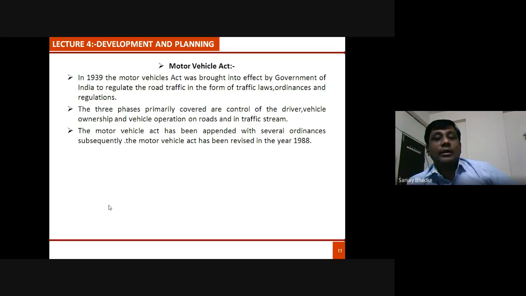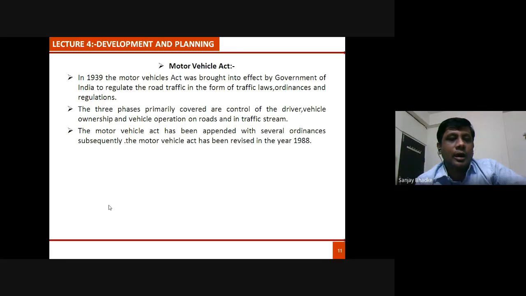This Motor Vehicle Act was introduced by the Government of India in 1939. You can remember all this, which is shown in this slide, and when you appear for the GATE examination, they may ask you when the Motor Vehicle Act was introduced.